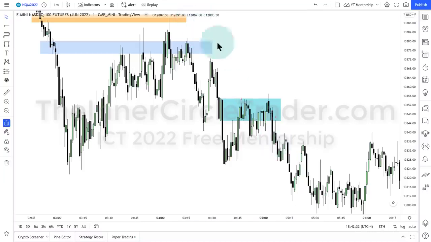Look at this figure right there. So 13,334 and 3/4. And my entry as it ran up into it on this candle was 13,335. So it was only 1/4 of a point above into that candle. That was my entry. It had a little bit of heat here.